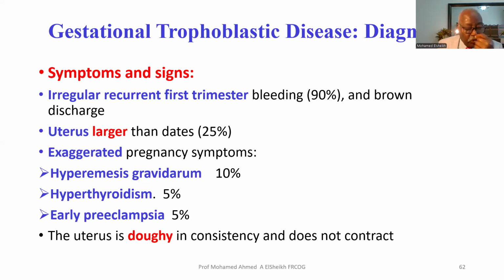And the uterus is usually doughy in consistency and does not contract. Doughy like dough, what do you call it? So symptoms: irregular recurrent first trimester bleeding, uterus larger than the dates, symptoms of pregnancy exaggerated, and the feeling of the uterus. These are the symptoms.